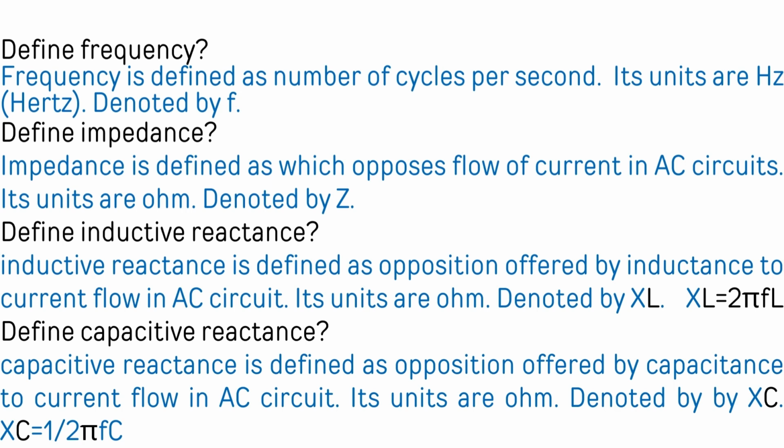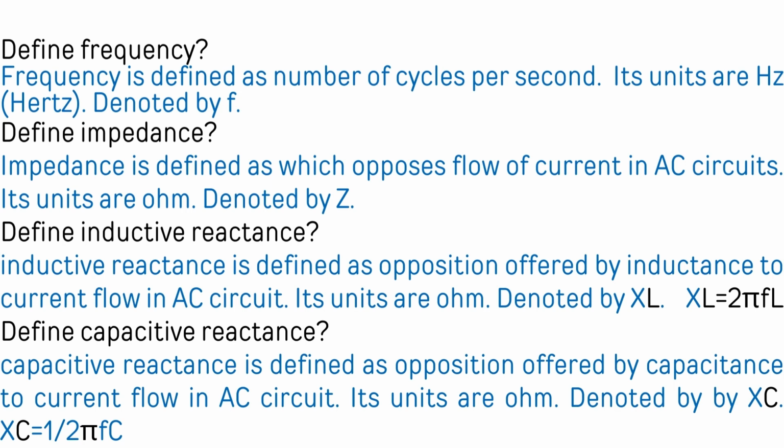Its unit is ohms, denoted by Z. Define inductive reactance. Inductive reactance is the opposition offered by inductance to current flow in an AC circuit. Its unit is also ohms and it is denoted by XL, where XL equals 2 pi F L.